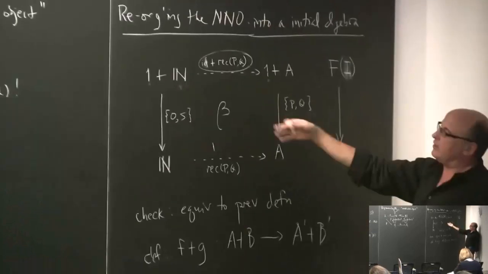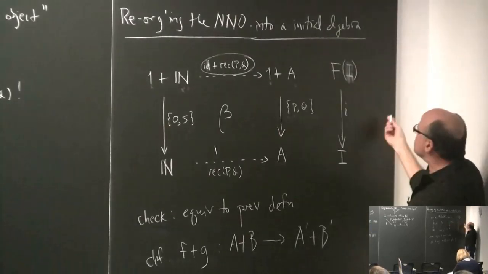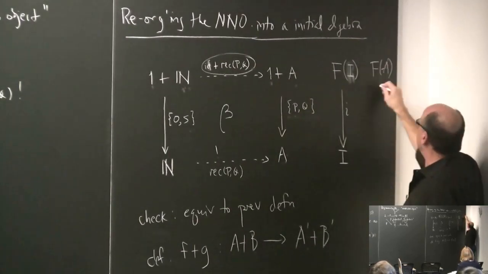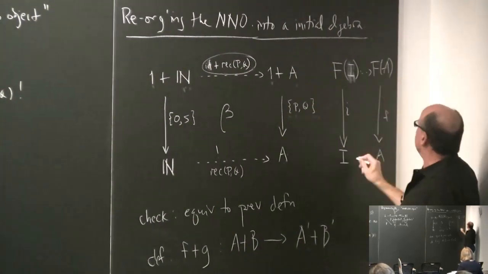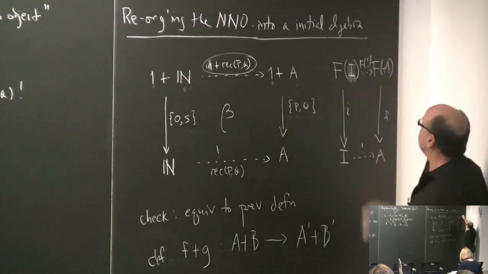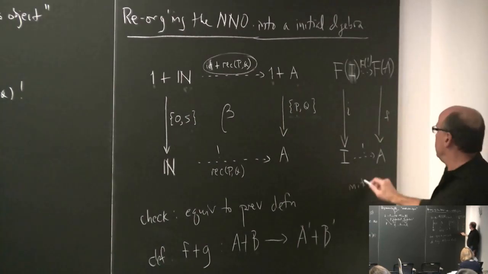So we have a particular f here, 1 plus n, and this is what is called an initial algebra, because if you give me any other one, f of a to a, like that, then there's a unique map here, so we'll write that, and this will be f of that. And that's the general notion of an initial algebra for f.